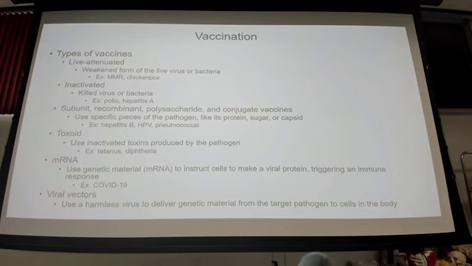Then we have the subunit, recombinant, polysaccharide, or conjugate vaccines. These are usually considered to be some of the worst vaccines in terms of stimulating an immune response, because your immune system only gets exposed to a relatively small piece of that microbe.